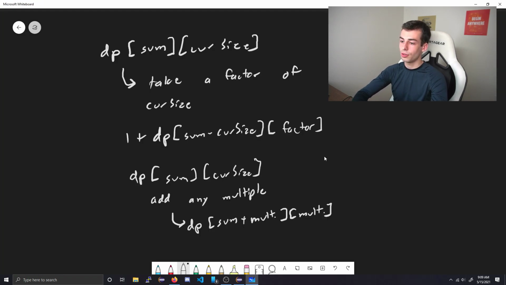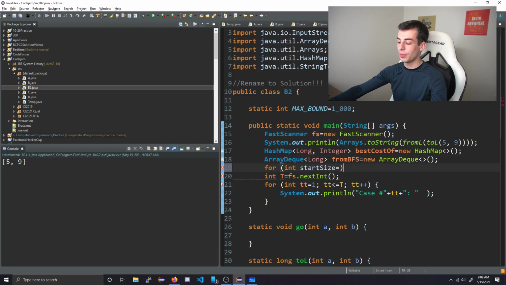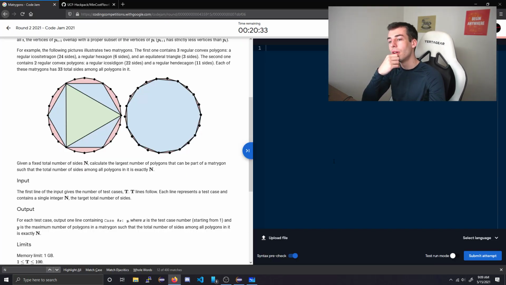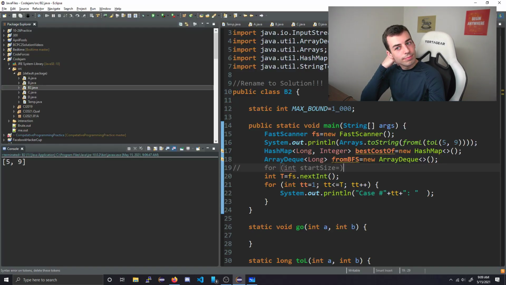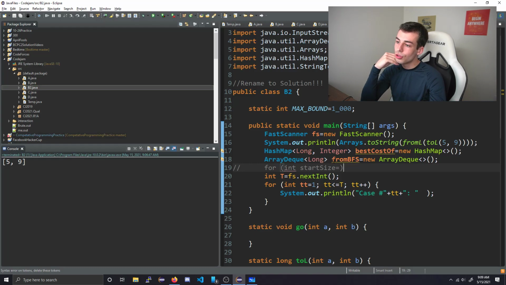We're doing the start size. Do I just want to implement this, or do I want to think of the right solution? I might not be getting B large, because this is going to be slow.